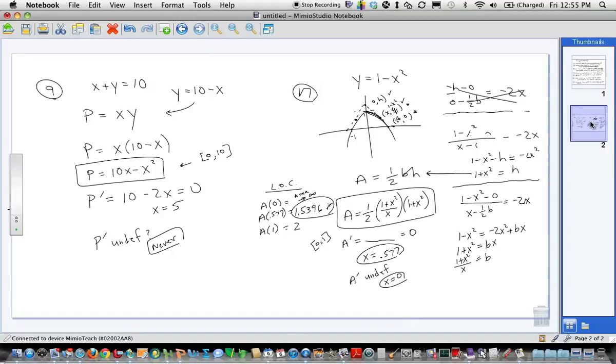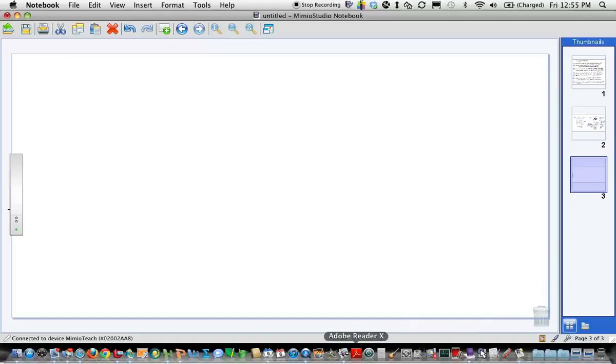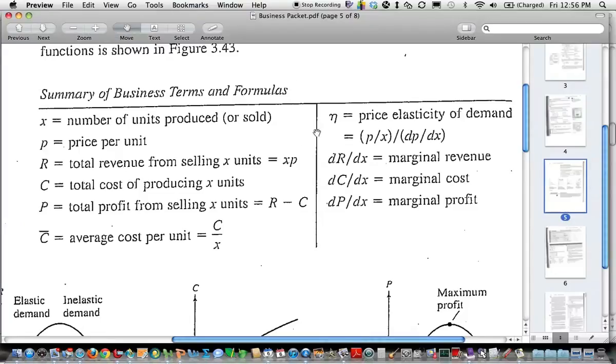Now, the business packet I give to you because many of you, if you're going to go into a business-related field like accounting or something like that, oftentimes the calculus class you take is an applied calculus or a calculus with business emphasis. And our book doesn't have a lot of business applications in it. So I've pulled this out of another book.